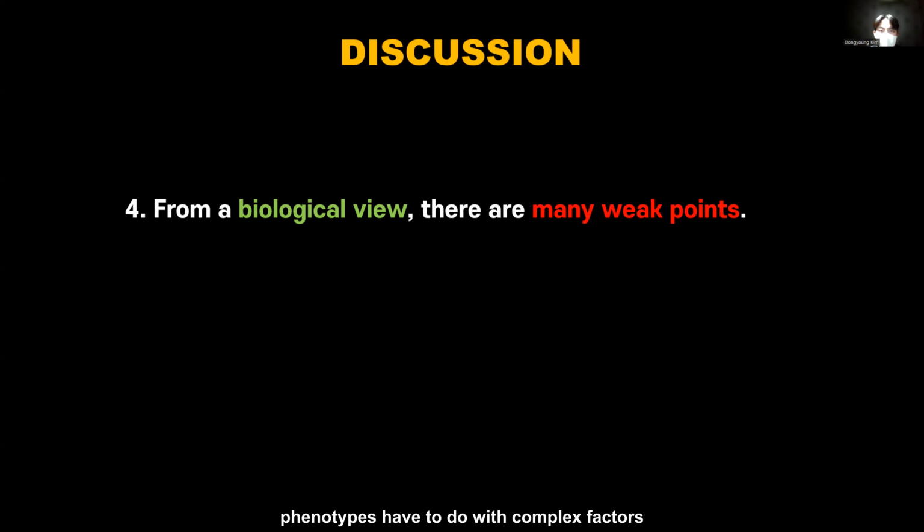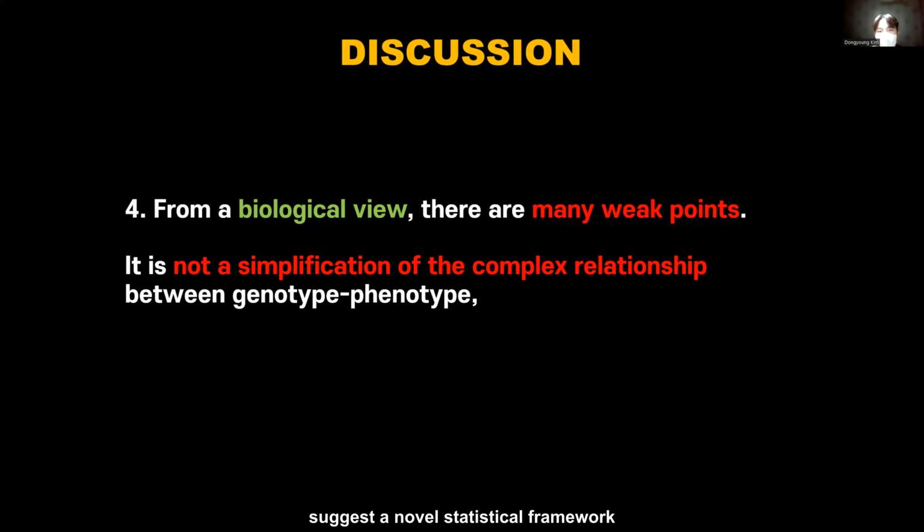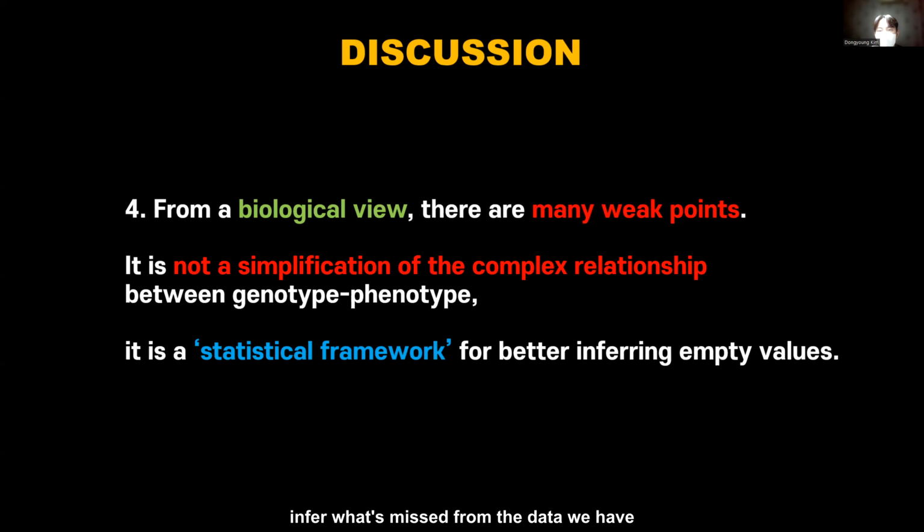Of course, phenotypes have to do with complex factors that can never be explained solely by genes, but the goal of this project is to suggest a novel statistical framework for inferring what's missing from the data we have as best we can. So please reconsider this point of view, and I will end the presentation with this.